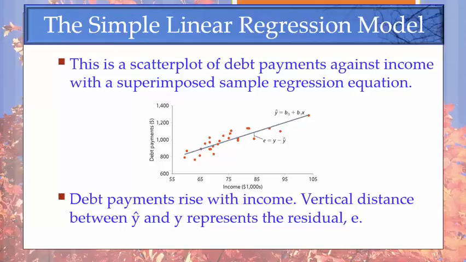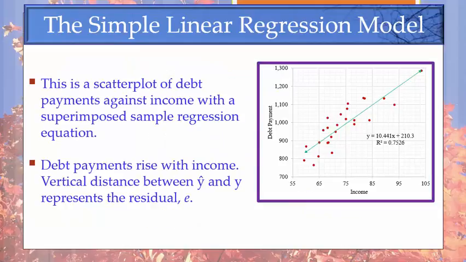So here you can see the basic answer to the question that the textbook starts about, and that is the scatter plot of the relationship between debt payments and income. And this is just sort of a superimposed regression model. So here you can see a simple regression model of the problem that the textbook starts out with. And this is the relationship between income and debt payments. And as you can see here, as income goes up, debt payments also go up.